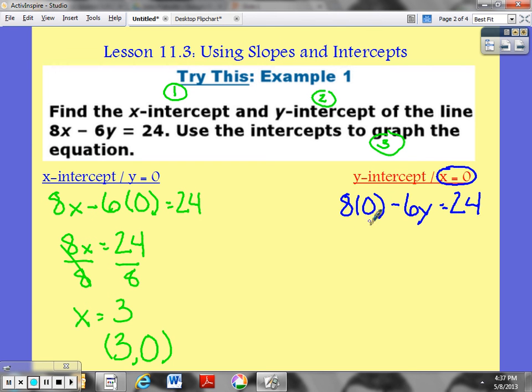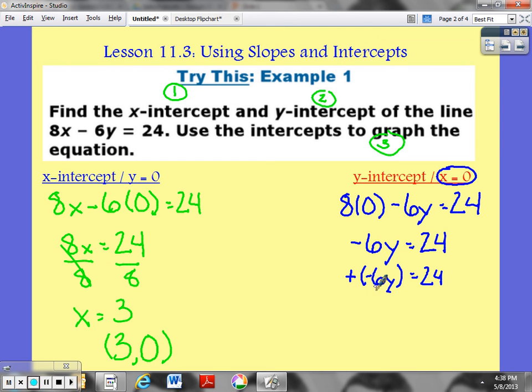Well, obviously this just gives me 0, so I'm left with minus 6y equals 24. And remember, minus 6y you can really think of as adding the opposite of the 6, which is a negative 6y. So that equals 24.